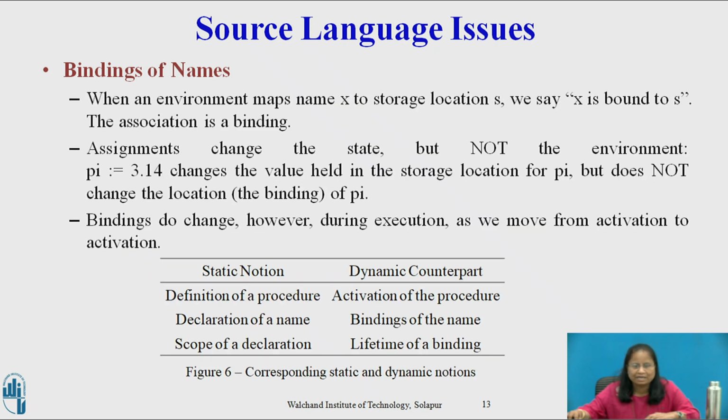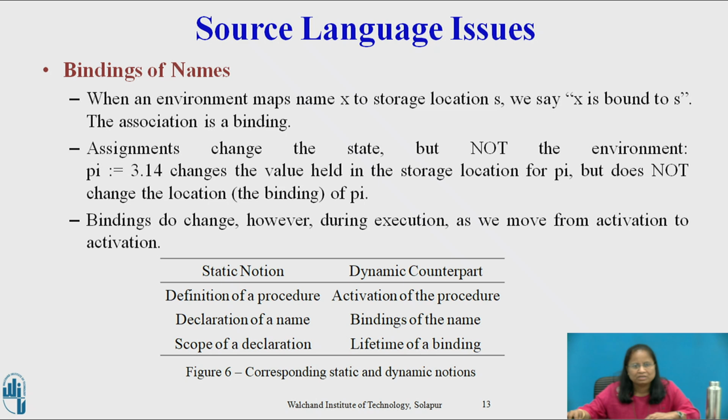Environments and states are different. An assignment changes the state but not the environment. For example, suppose that the storage address 100 associated with the variable pi holds the value 0. After the assignment pi = 3.14, the same storage address is associated with pi, but the value held there is 3.14.